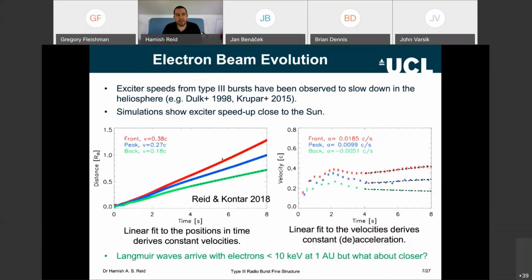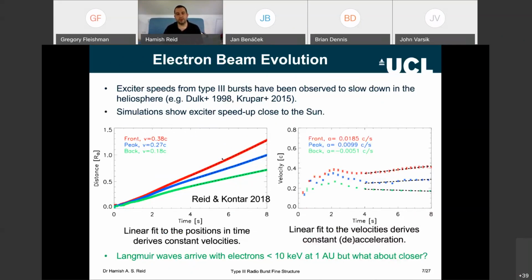We can also look at the evolution of electron beams. It's been observed in the past that if you look at the drift of the type 3 burst, frequency versus time, you can estimate the velocity of the exciter that is producing the type 3 burst. And we found that this exciter speed decreases as a function of distance from the sun.